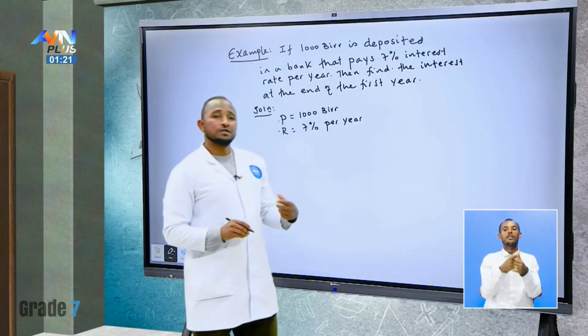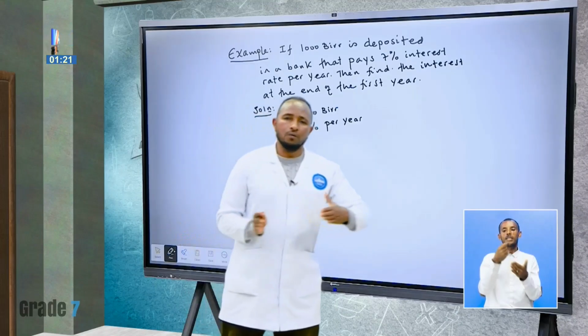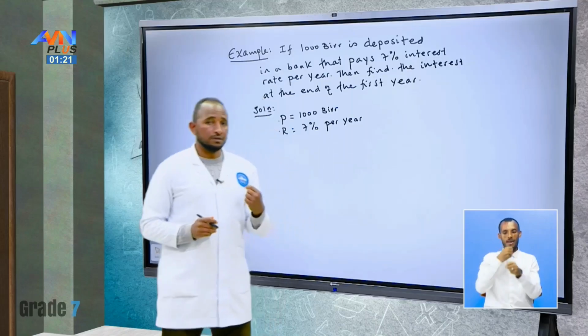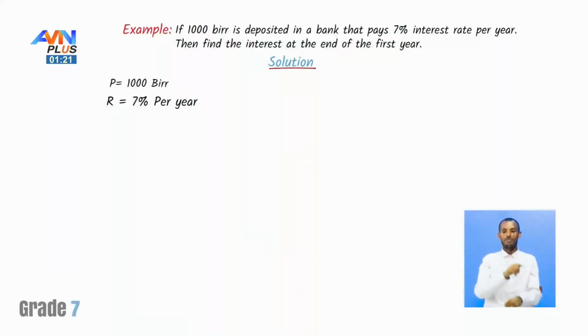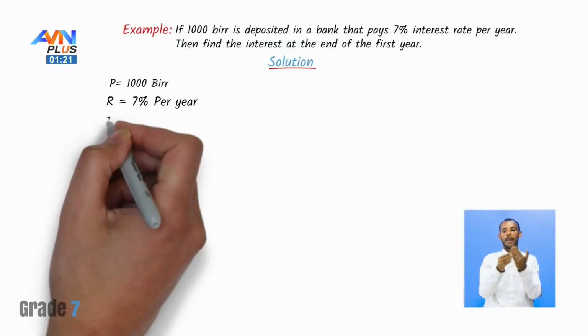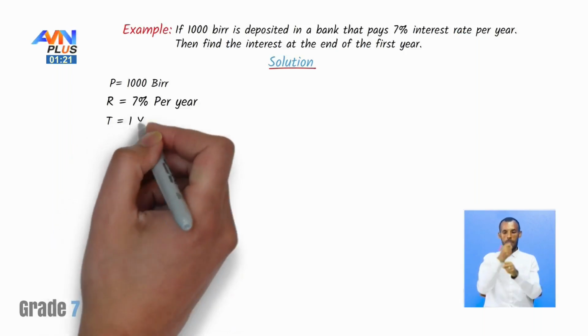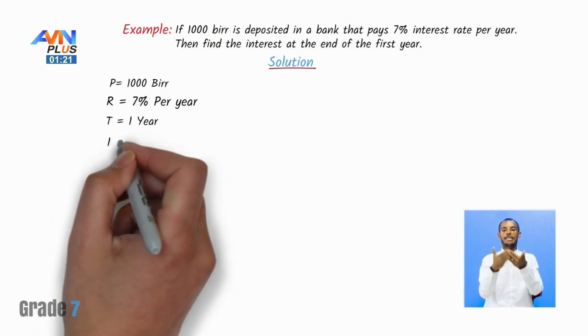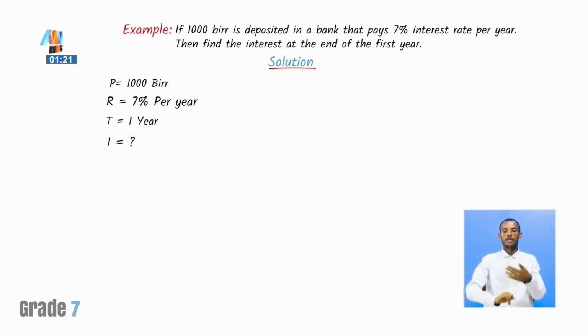This money is deposited for a 1 year period. So 1 year is the time period in which the money is deposited. So what will be the simple interest? Find simple interest. Not only simple interest, we'll also try to find the amount.